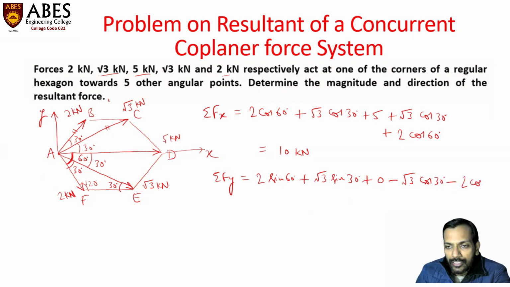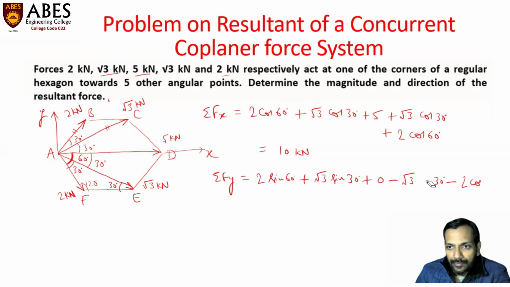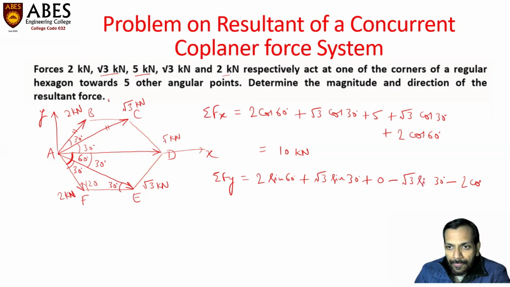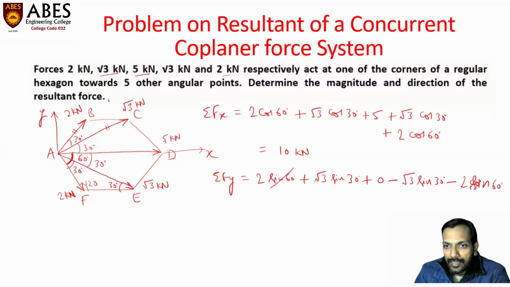Just a minute, it should not be cos, it should be sine. So we can see that the first and the last one are cancelling out each other, and the second and the fourth are also cancelling out. So summation of forces along y-axis is actually 0.